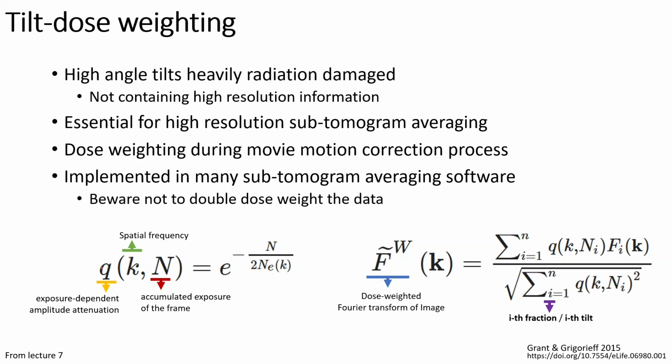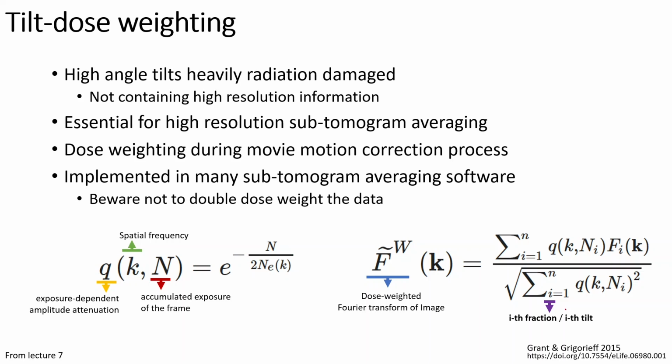This is done by the very same process as we already discussed for SPA: an exposure-dependent amplitude attenuation, which depends on the spatial frequency and the accumulated dose of the current fraction. Here we don't need to dose weight the fractions. We can dose weight the summed tilts, which are of course kind of micrographs.